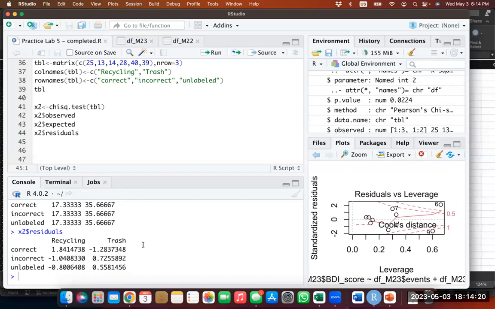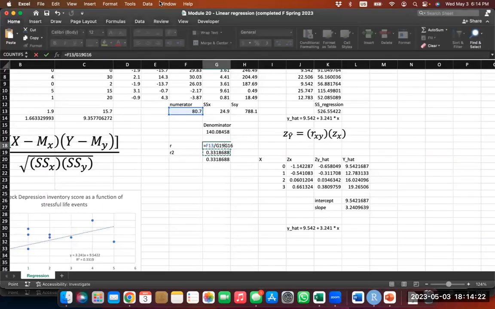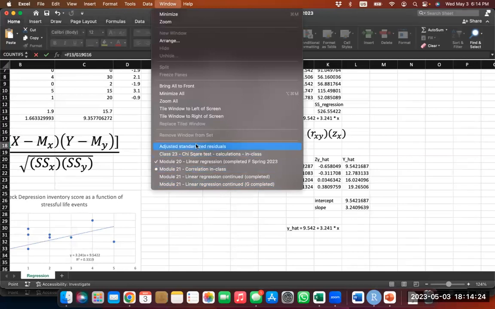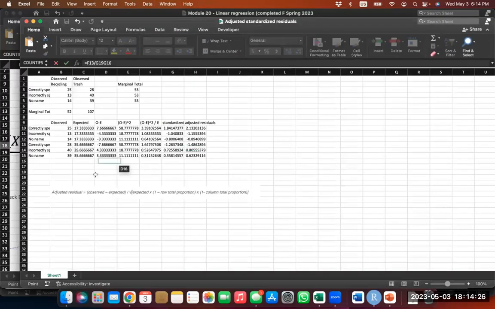And this is where the last Excel spreadsheet comes into place. This is the spreadsheet adjusted standardized residuals. This is on your canvas. I owe this to you from last time. You remember how we calculated observed minus expected squared divided by the expected gives us the respective components of the chi-squared. We then calculate standardized residual and adjusted residual.